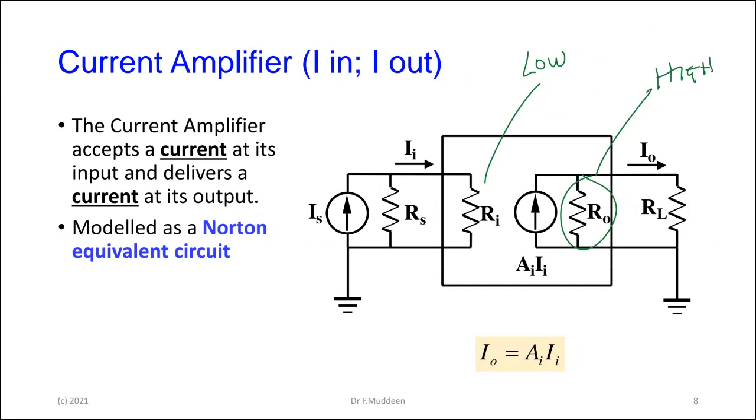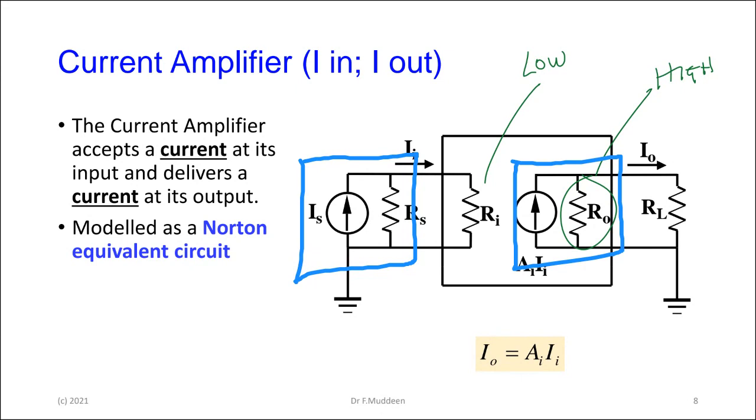A current amplifier, and we'll touch on some circuit examples in a while, what these things might look like. And some you have met already. The current amplifier takes a current at the input and delivers a current at the output. Because we're dealing with currents in this case, we are going to use the Norton equivalent circuit, so the input section we model as a current source in parallel with a source resistance, and the output is a current source in parallel with the output resistance.